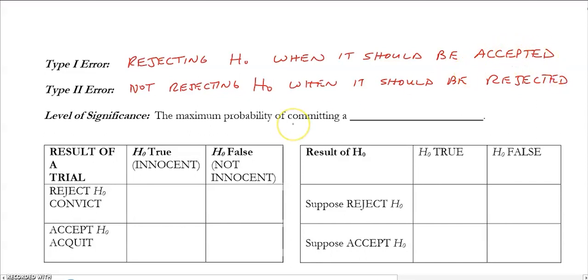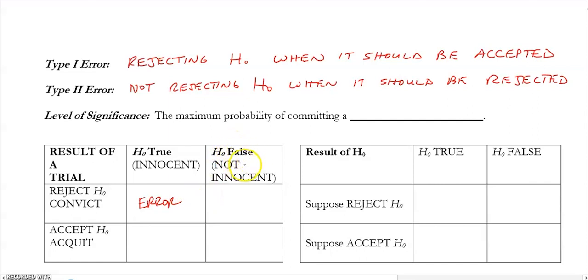Okay, now to show this, I've got an example, a parallel example. So in case of the result of a trial, suppose our statement is true that the person in question is innocent, and yet they are convicted. In this case here, we've got an error that was made.